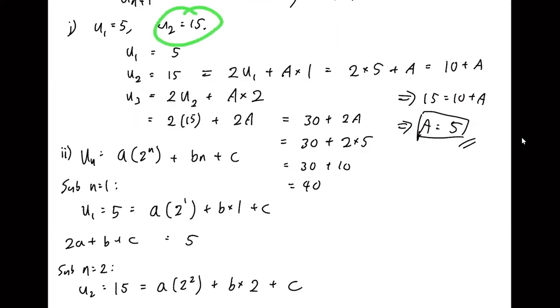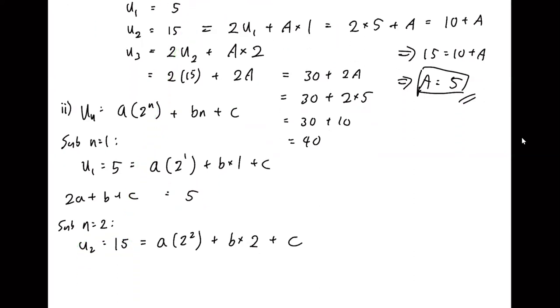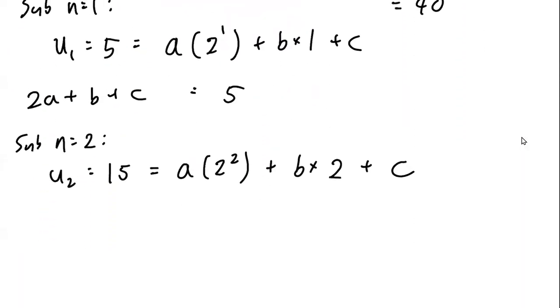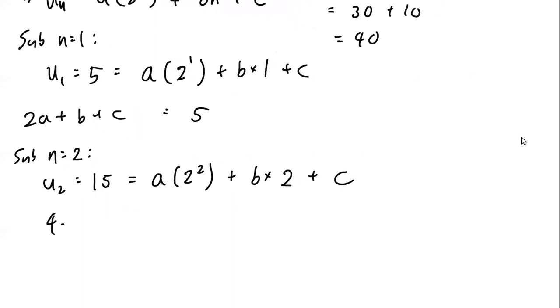Just a reminder, u2 equal to 15 was given by the question. Simplify now. 2 squared is 4, so we get 4a. 2b is just 2b, so plus 2b, add on c, equals 15. That's your second equation. So I'll call this equation 1, equation 2.